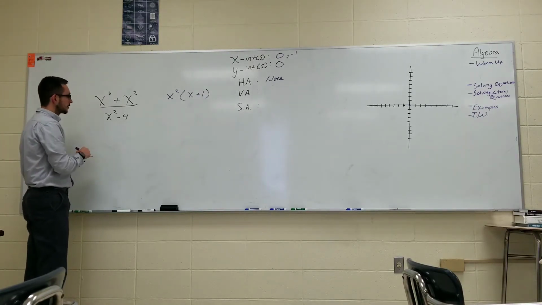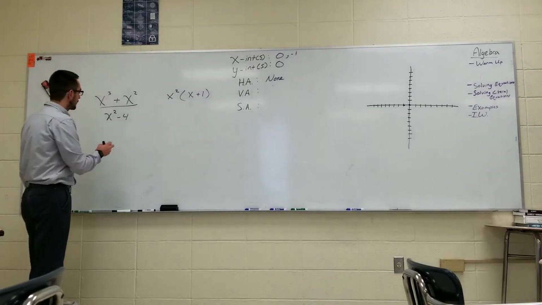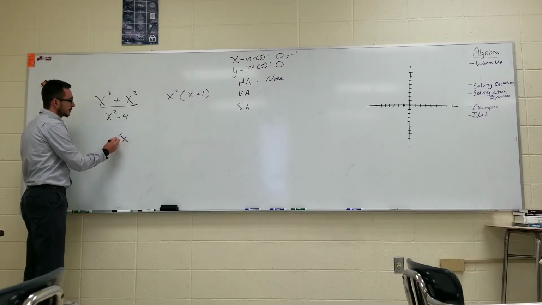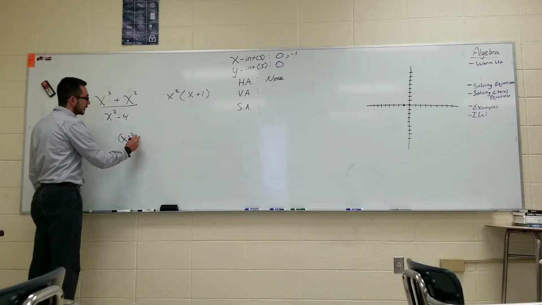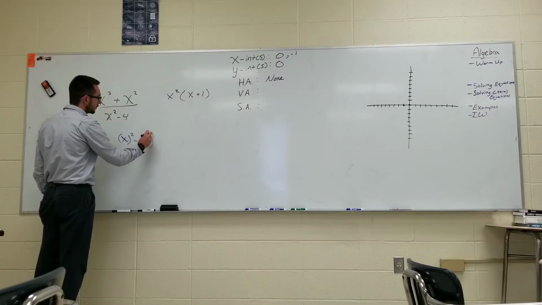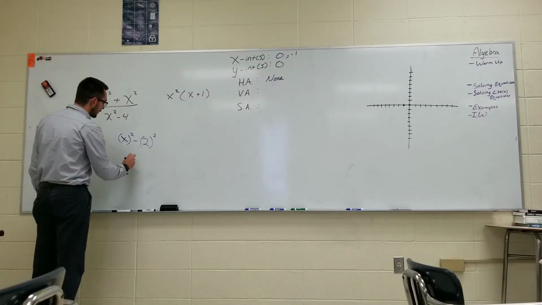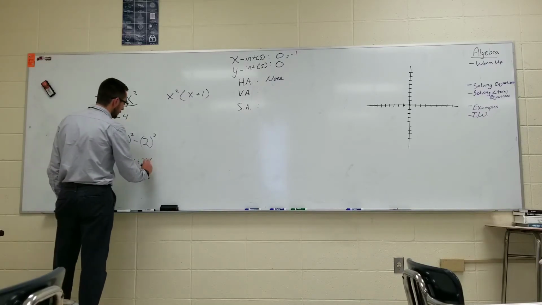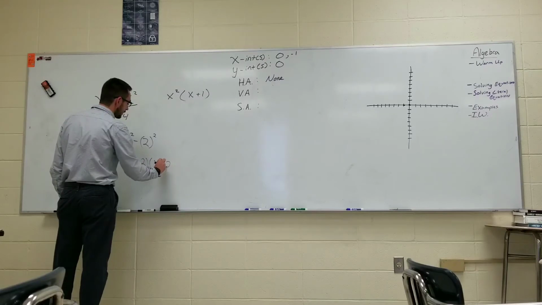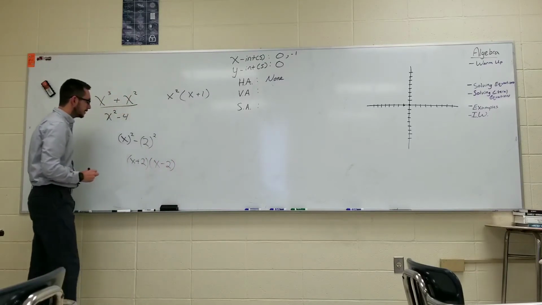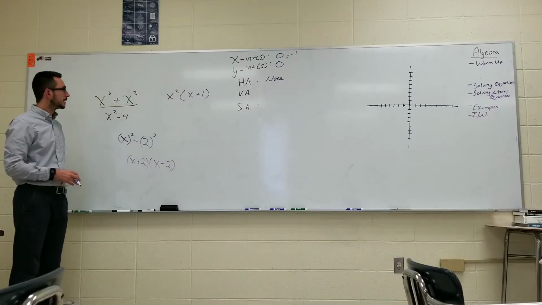We can't common term, but we can do difference of squares. So this can be written as x squared minus 2 squared, something squared minus something else squared. So our 2 factors, if you think back to factoring, you probably had a plus b and a minus b. We get something similar there.